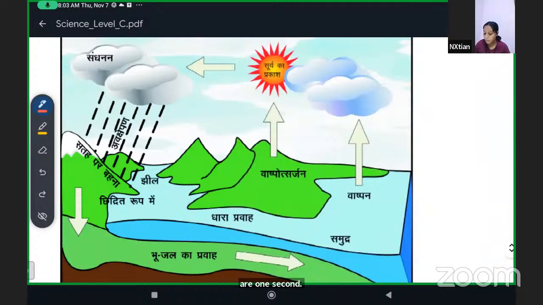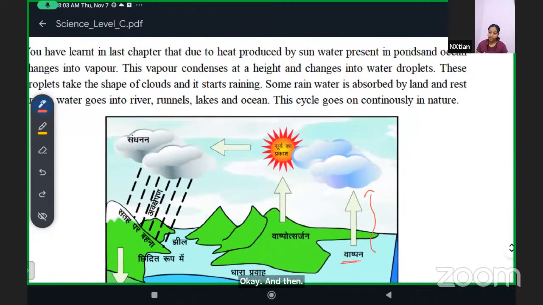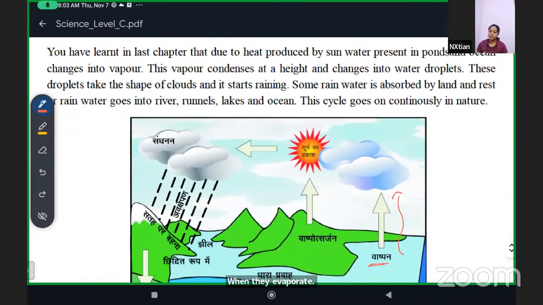The water vapors are evaporating into the sky, and at a height the vapor condenses and changes into water droplets. When they collect together, they form a cloud.